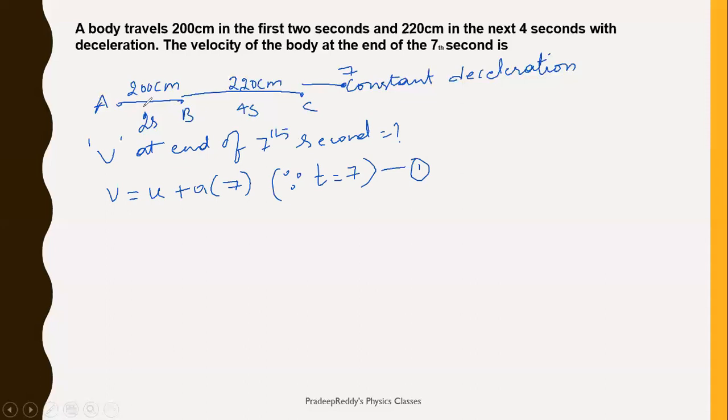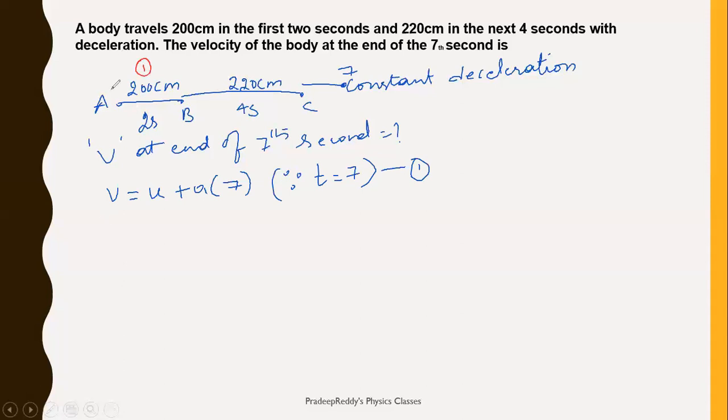We cannot directly use the equations of motion in this problem, because you do not know what u is, you do not know what a is. We will be dealing with this in different parts. So first let me take this part.